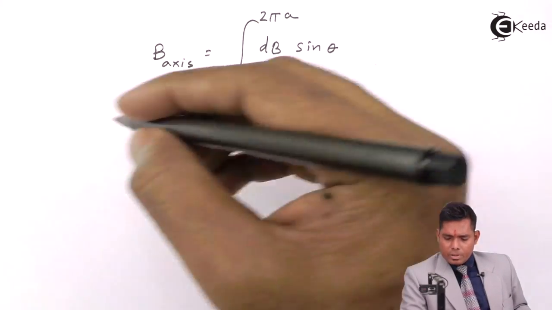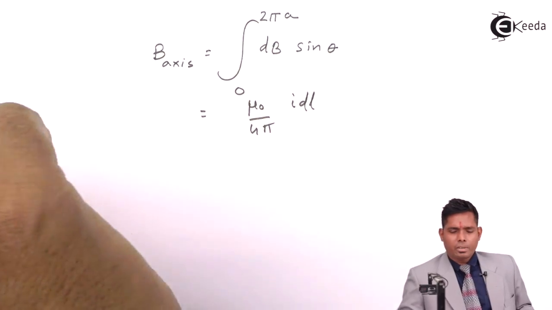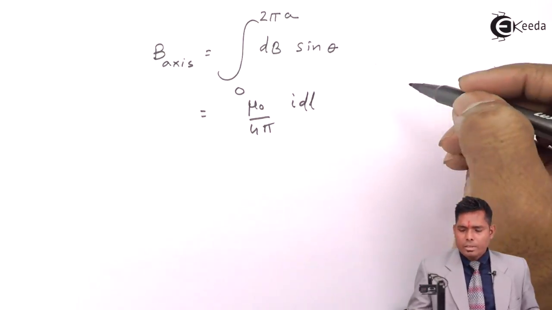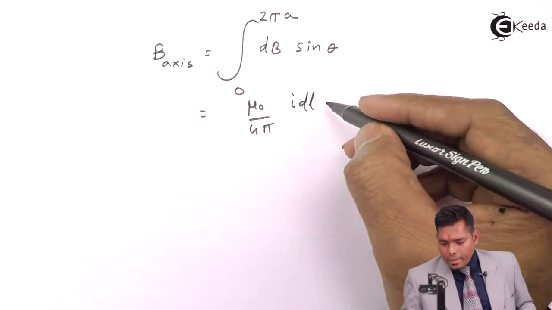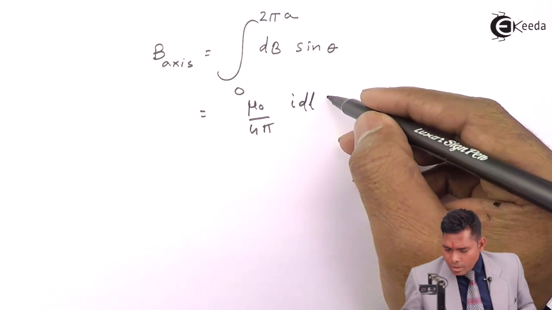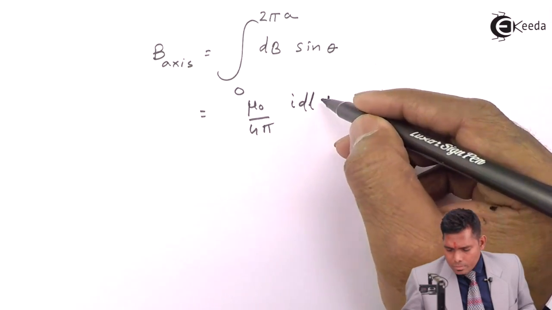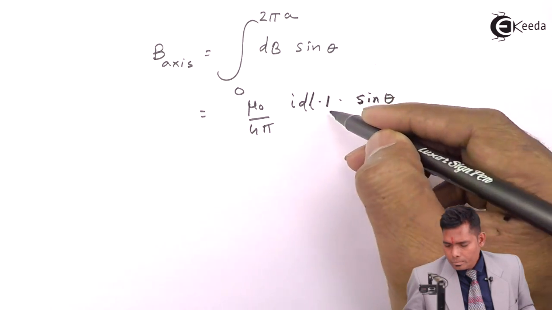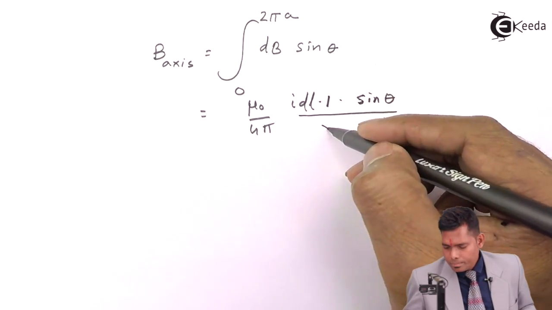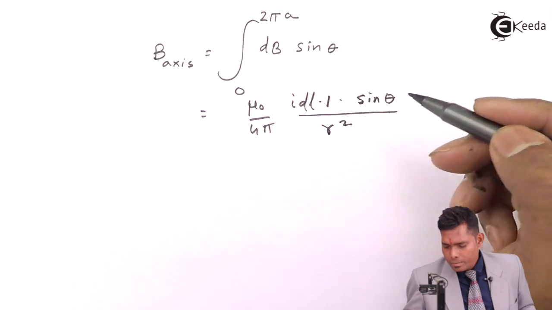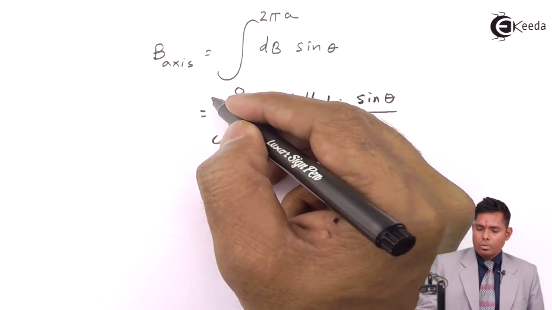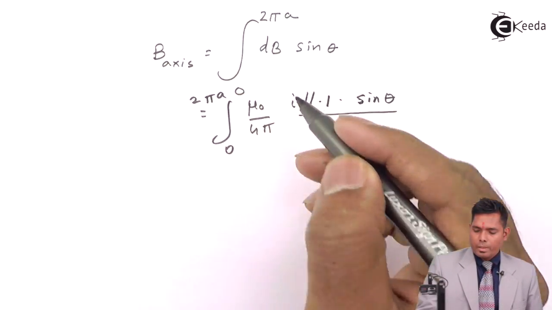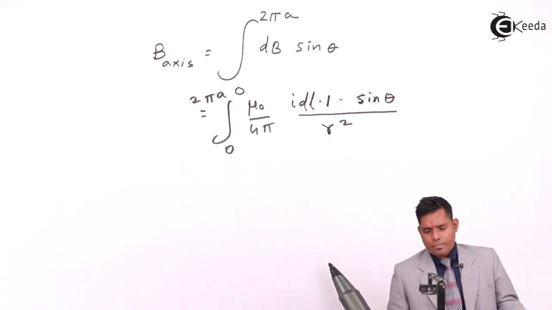But in your expression of I dl sine theta, the theta is the angle between the dl element and the R vector. There is a difference. So that part of sine theta is 1, but the sine theta will remain, divided by R square, and you integrate it from 0 to 2 pi A, where A is the radius.